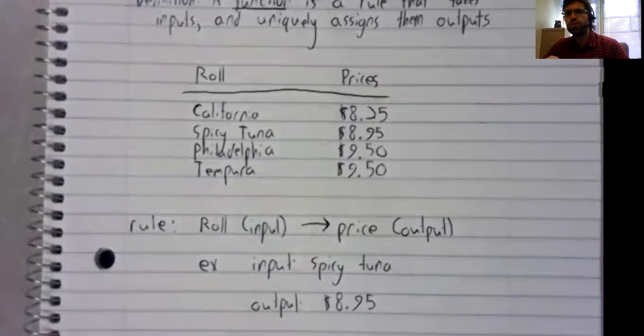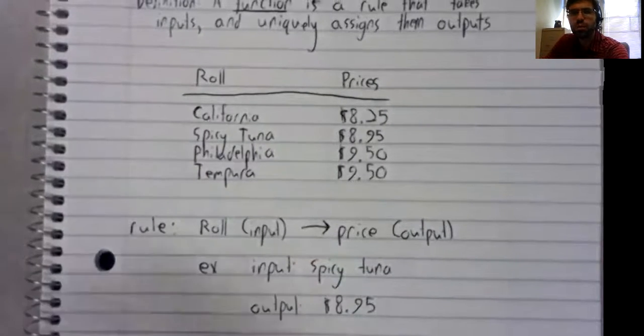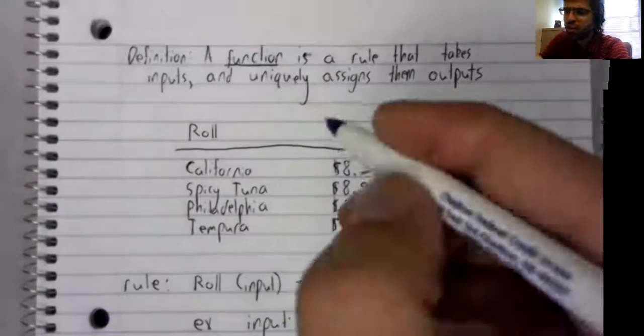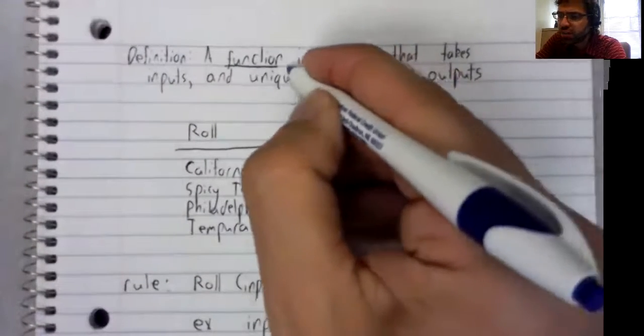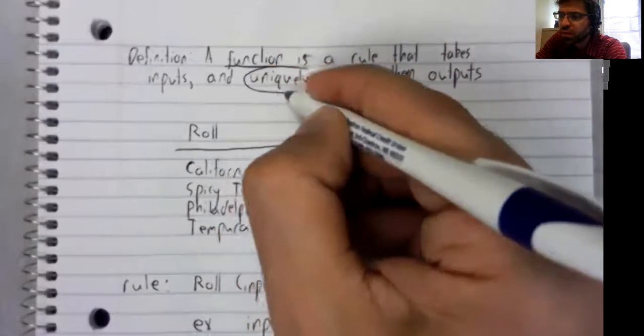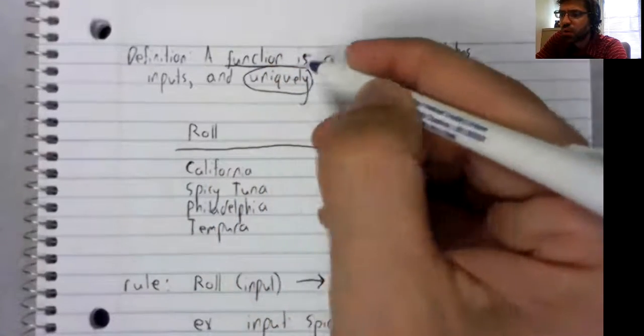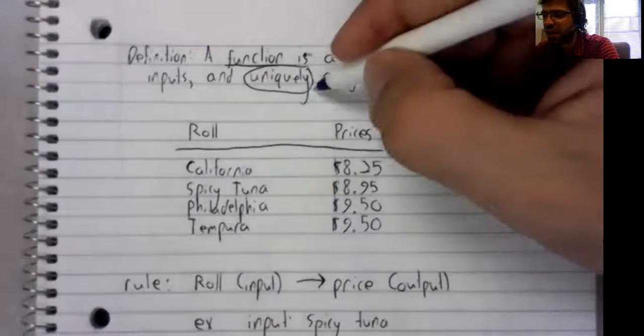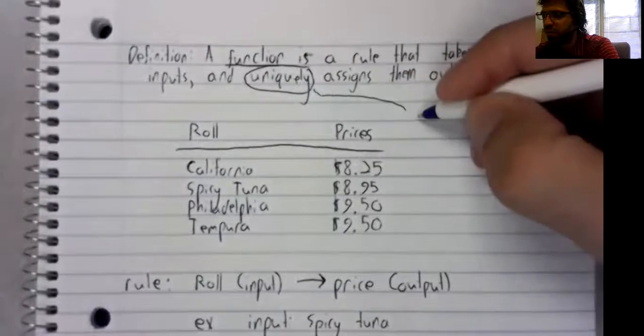Let's use this example to clarify something about the definition. This word, uniquely. What do we mean that inputs have to be uniquely assigned outputs?